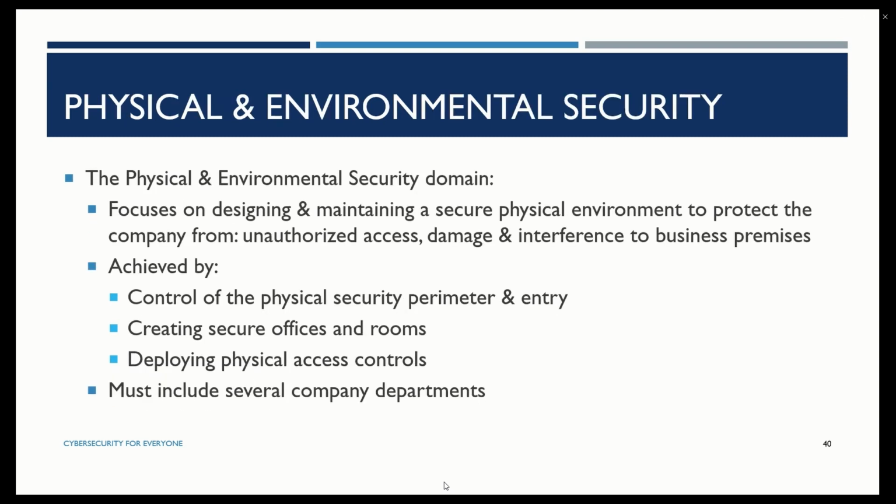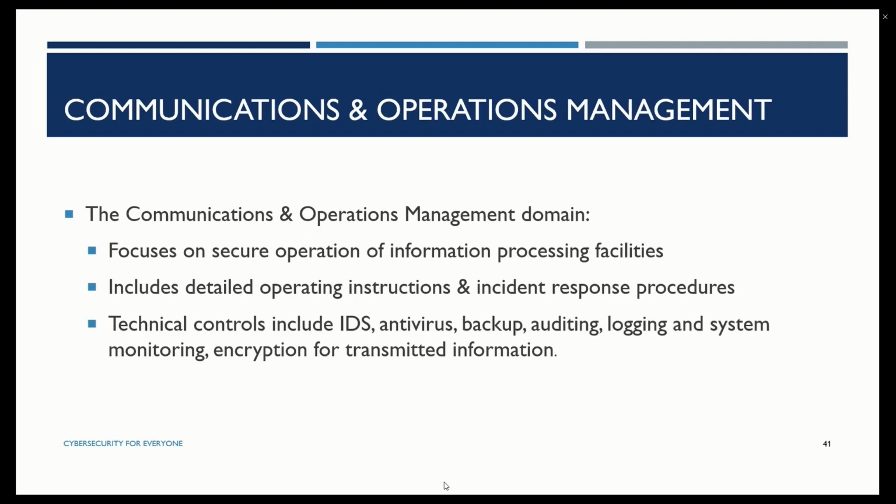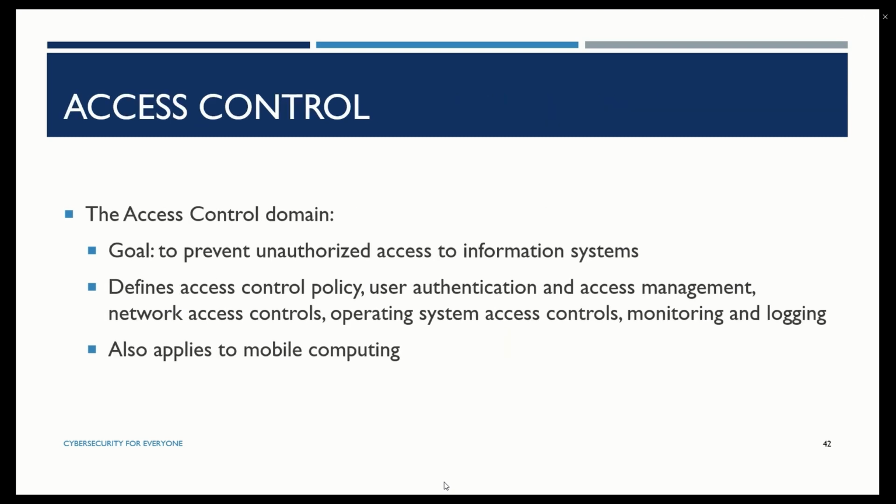The physical and environmental security domain focuses on designing and maintaining a secure physical environment to protect the company from unauthorized access. The communications and operations management domain focuses on secure operation of information processing facilities. And the access control domain, the goal is to prevent unauthorized access to information systems.